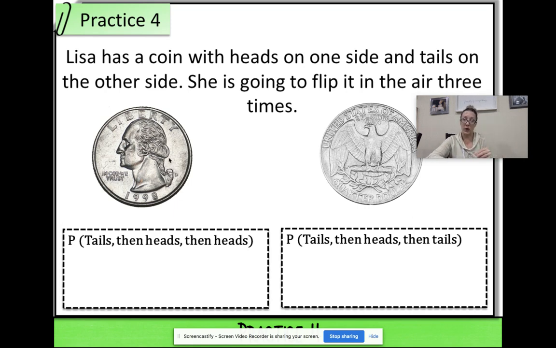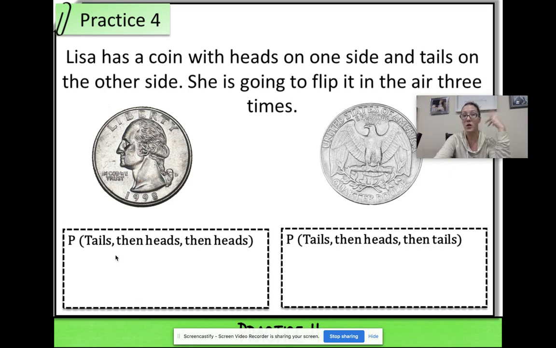If you flip a coin and get heads the first time, then you flip it a second time, can you still get heads or tails? Absolutely. Your sample space is still the same. You haven't changed your sample. There's still 2 possibilities. No matter how many times you flip it, there's still 2 possibilities. That's an independent event.